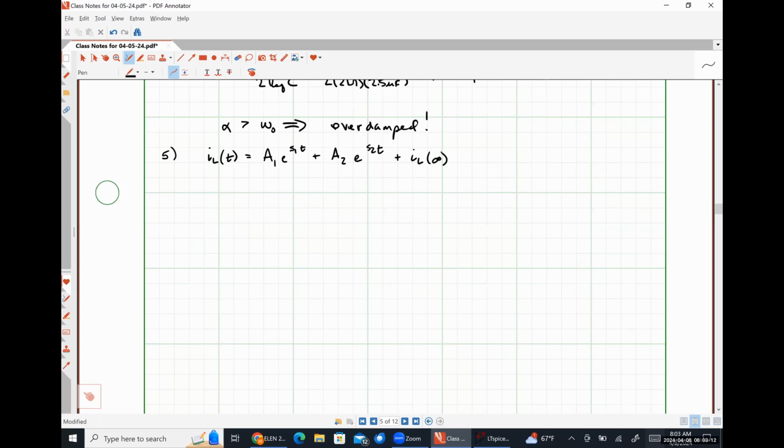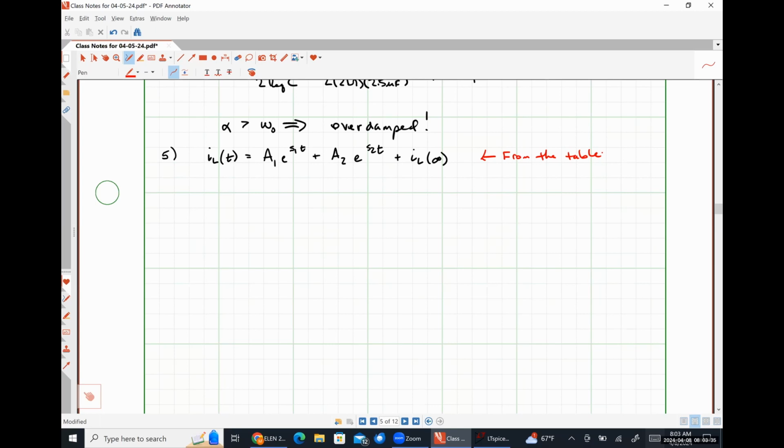This comes directly from our table. Whenever we have a system that has an overdamped response, this is what our inductor current is guaranteed to look like. It is also what our capacitor voltage is guaranteed to look like, okay?